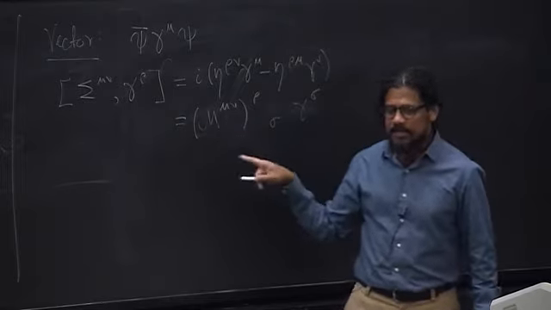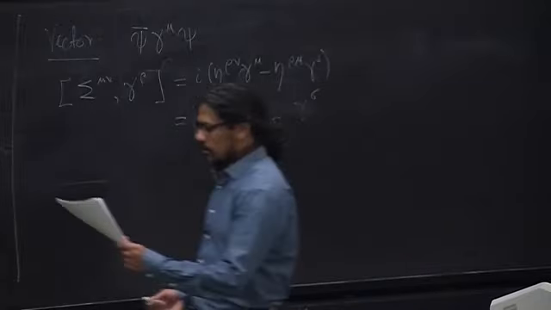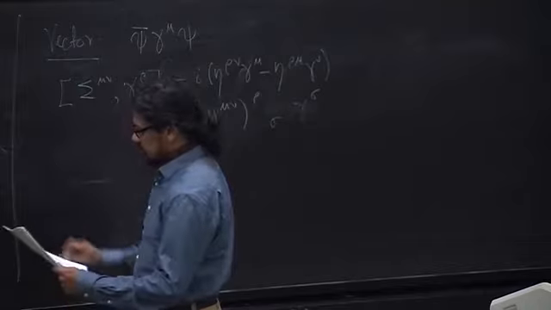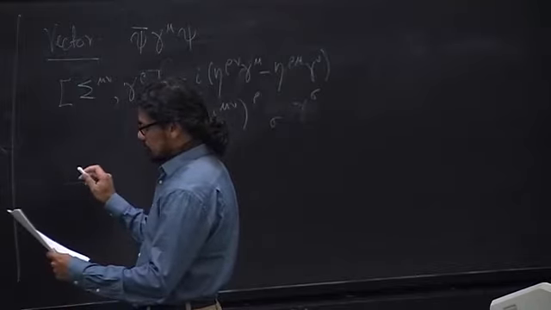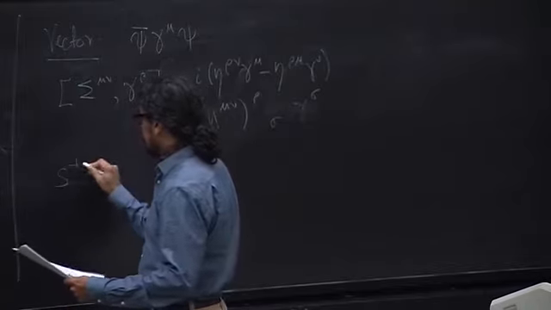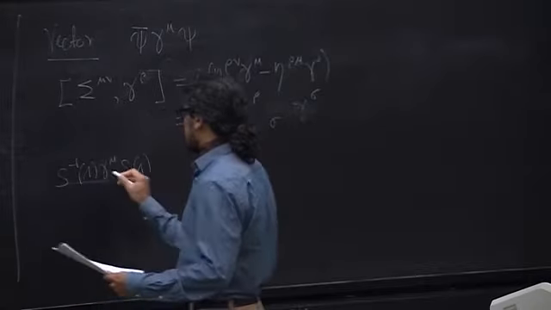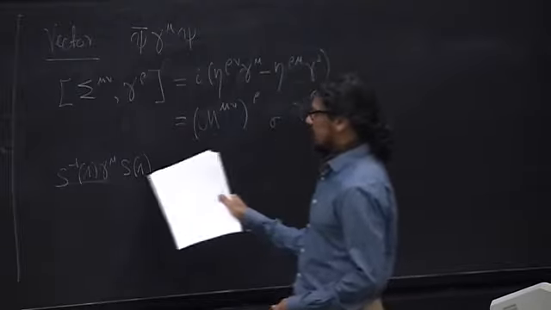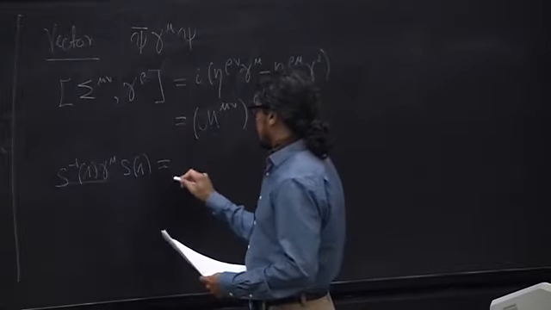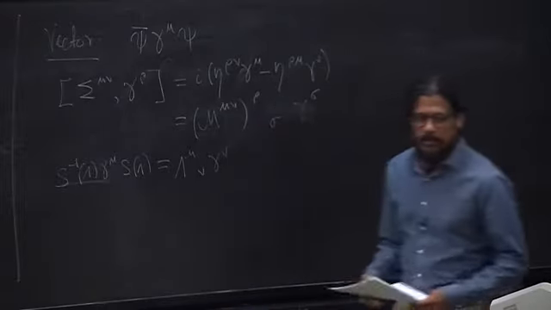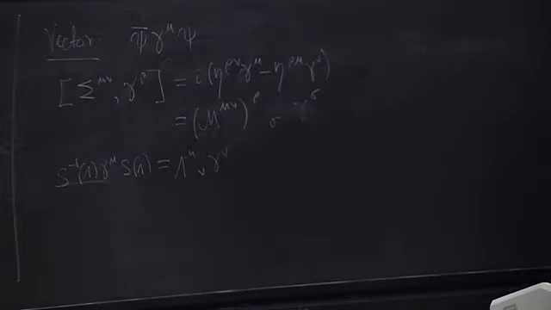This is nothing but an infinitesimal version of this very nice and useful formula, which is S inverse gamma mu S. So if you sandwich a gamma matrix between S and its inverse, it gives you the gamma matrix, but up to a Lorentz transformation matrix.